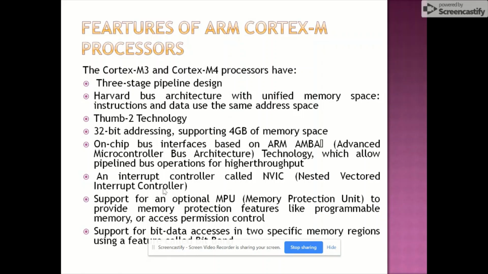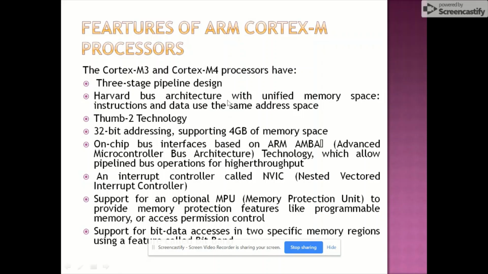The Cortex M3 and M4 processors are designed by ARM, and these processors are built on a high-performance processor core, which is a 32-bit RISC processor with a three-stage pipeline design. It follows a Harvard bus architecture, which allows simultaneous instruction fetches and data access.